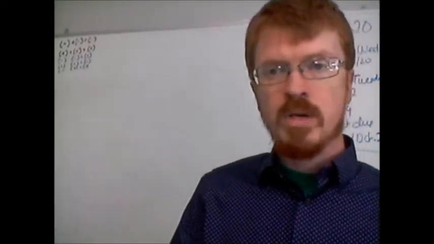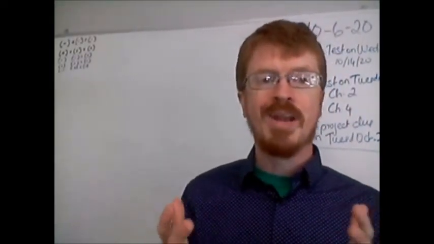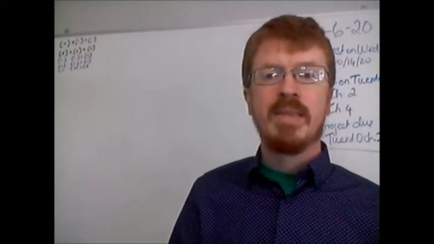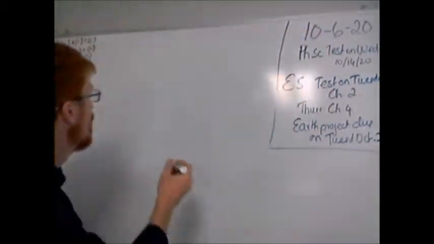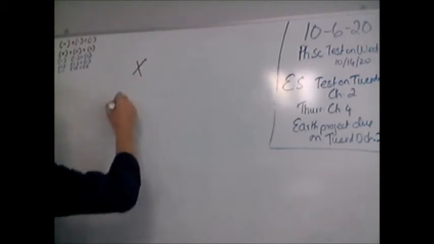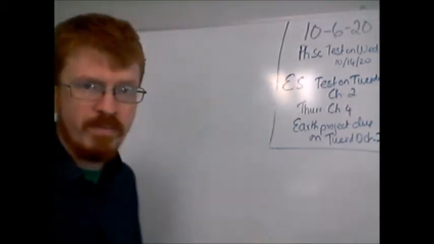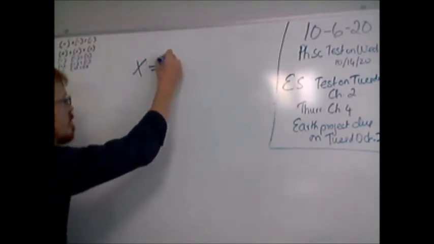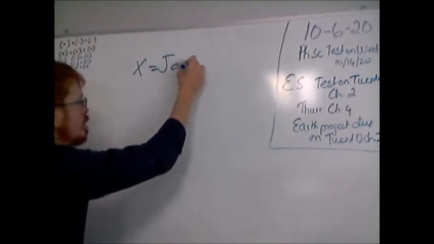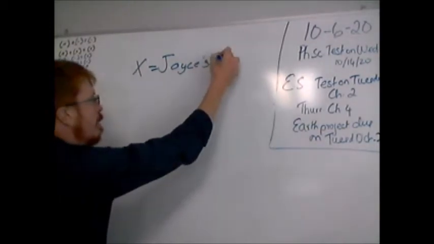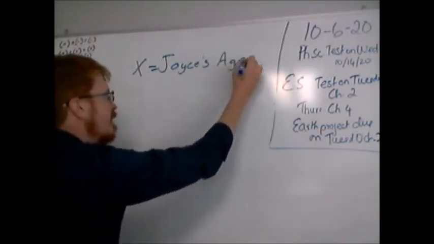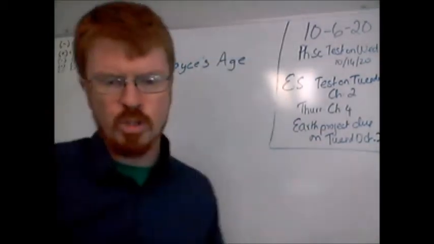Don't let this freak you out. You have to, first of all, figure out what is your unknown. What do you not know? That is represented by a variable. So what we don't know is Joyce's age. So the variable equals Joyce's age.